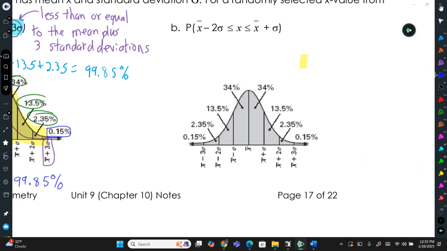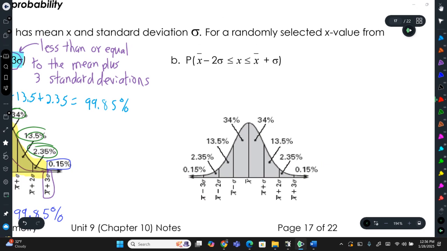All right, then letter B, we have the probability that the mean minus 2 standard deviations is less than or equal to x, which is less than or equal to the mean plus 2 standard deviations.